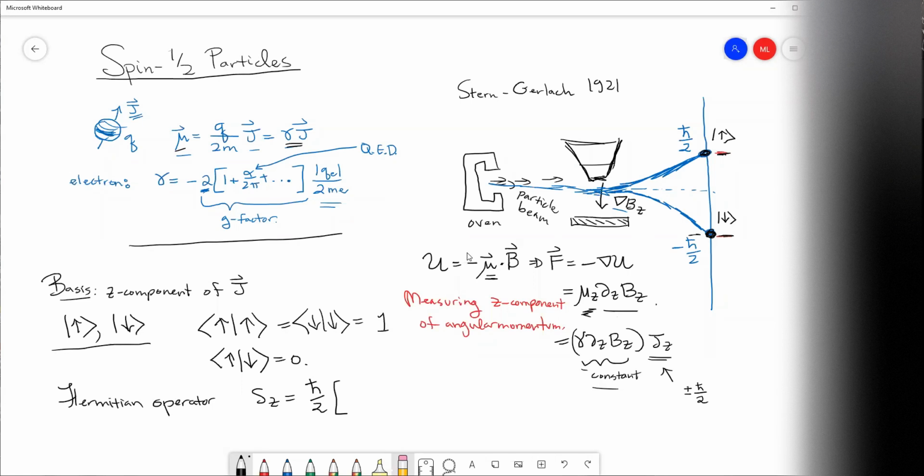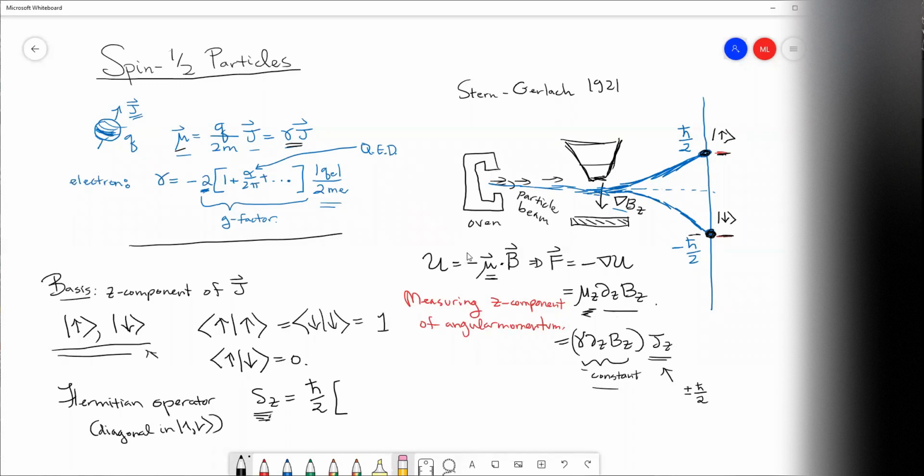So we know that these two things must be eigenvectors of this operator, because that's where they come from. The basis comes from the results of this measurement, right? So this thing must be diagonal in this up-down basis.